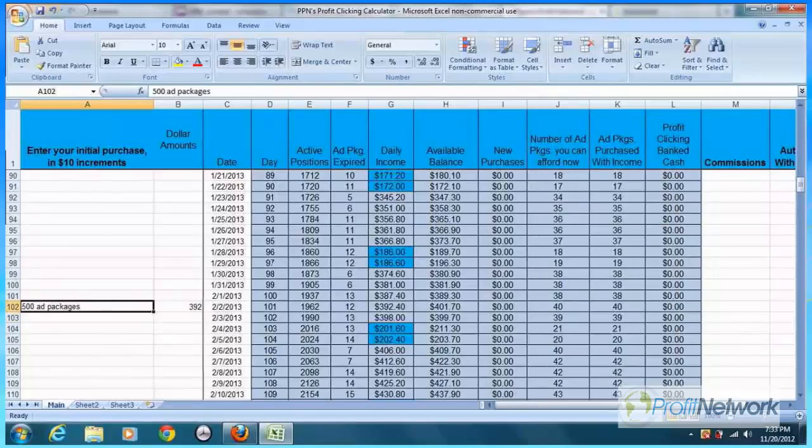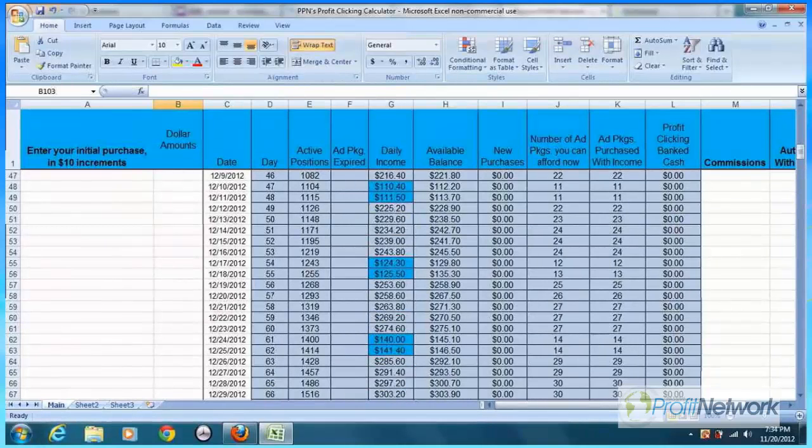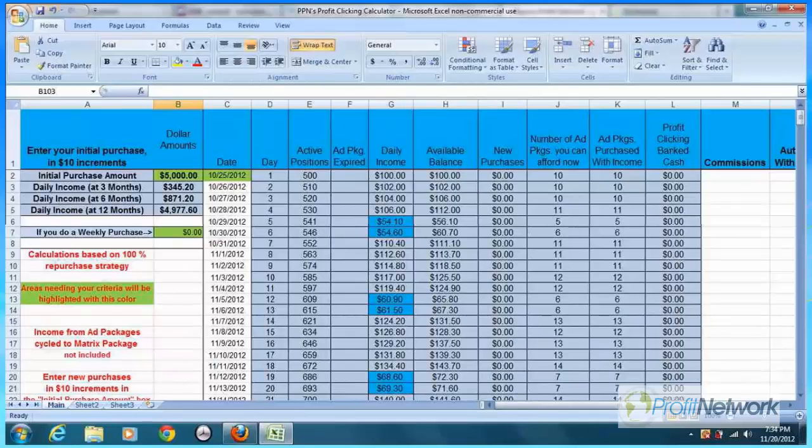When you were at 100 per day, when you were at 392 per day, what's going to happen if you were to use the strategy that I use?